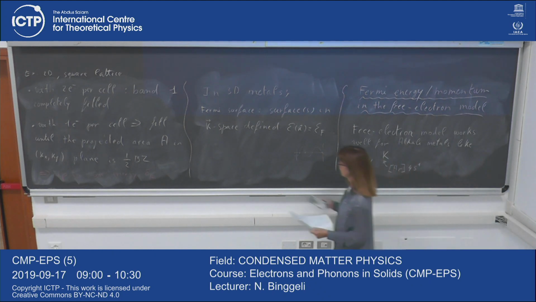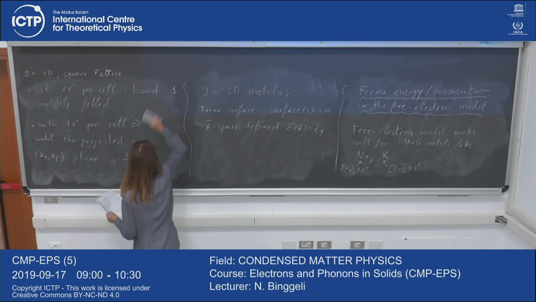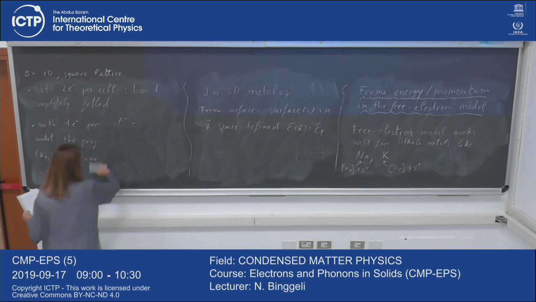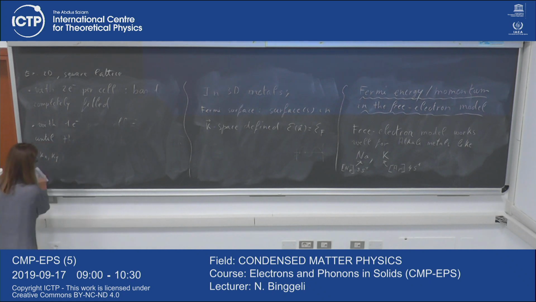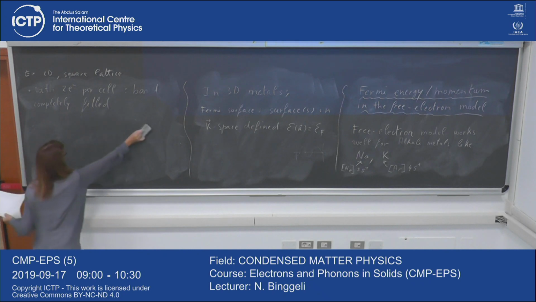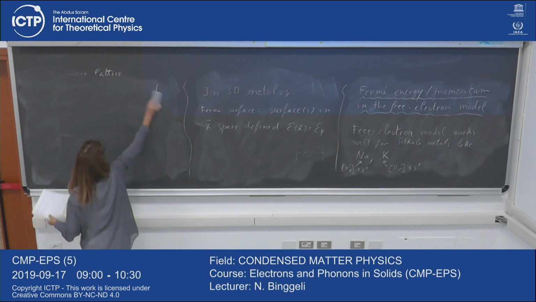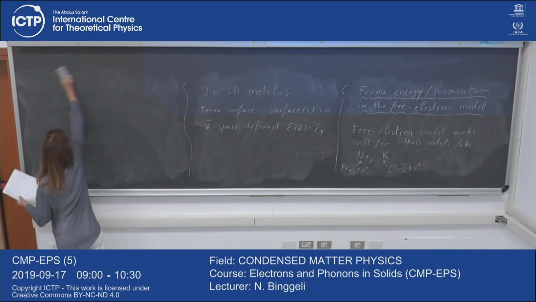Okay, all right. So in the free electron model, the electronic wave function is assumed to be a free electron wave function. So, flat potential, constant potential.